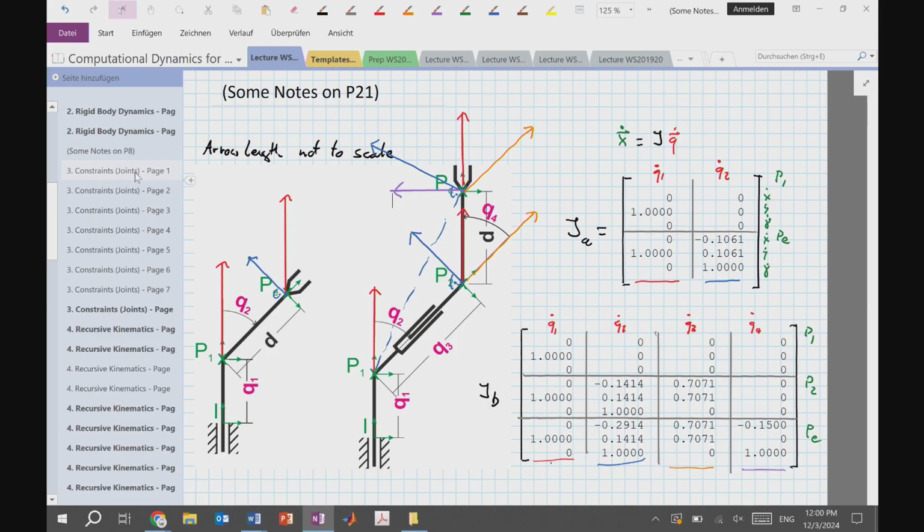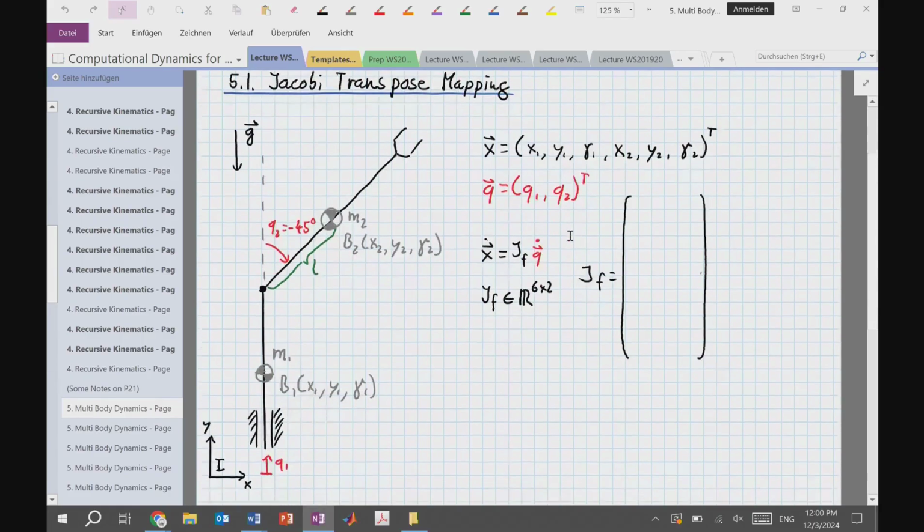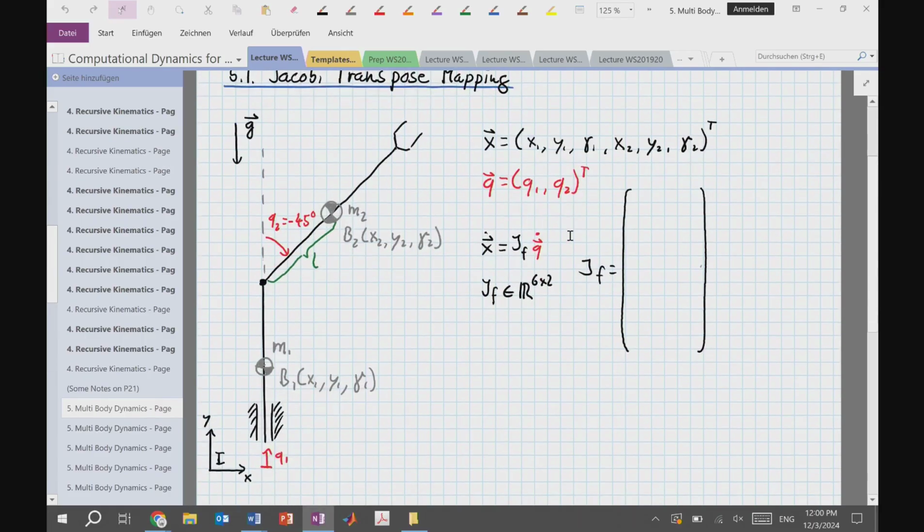And as I now move into our next chapter, which is on multi-body dynamics, I want to introduce something that is called the Jacobian transpose mapping. I brought a version of the robot that we just saw, but now I want to start reasoning about forces.